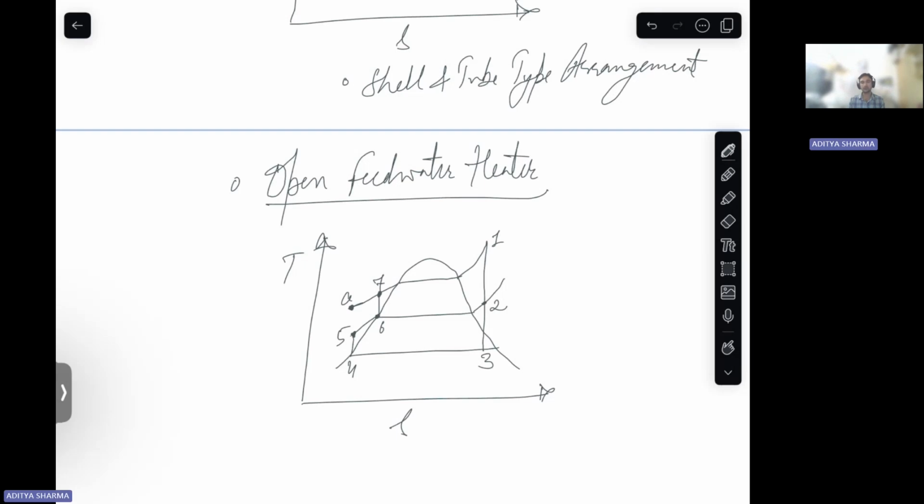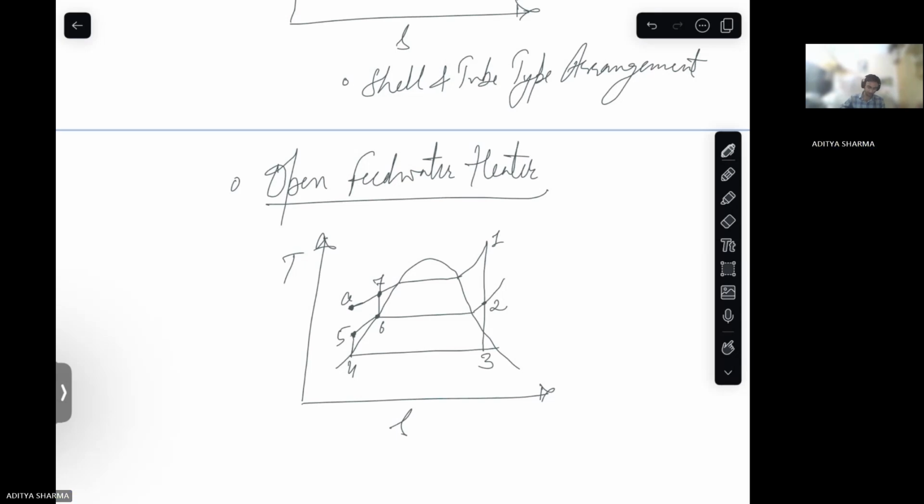In the open feed water heater, the steam that you have taken from point 2 in the midway, when the steam was expanding, will directly mix with your feed water that is coming from your pump at point 5. This will eventually increase its enthalpy and reach point 6.